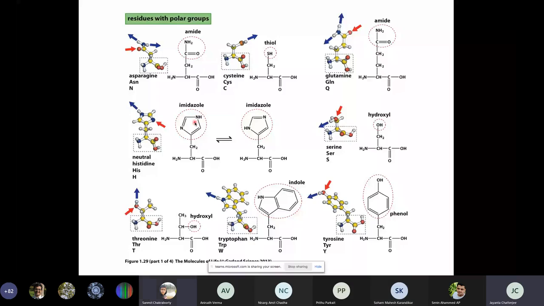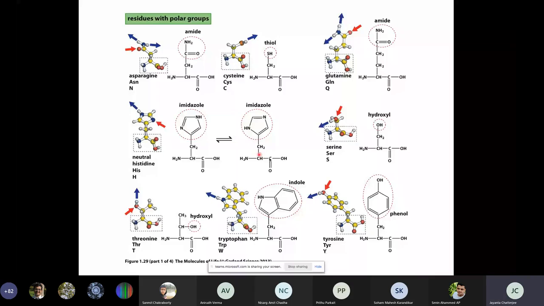If this is aromatic and planar, the lone pair on this nitrogen is involved in the delocalization, because then it will make a 4n+2 system. In that case, the lone pair of this nitrogen is available for proton abstraction. So depending upon the pH, this nitrogen can abstract a proton. But if the pH is suitable and more basic, then it can exist in a neutral form. And that is why histidine also shows up as a polar neutral amino acid.